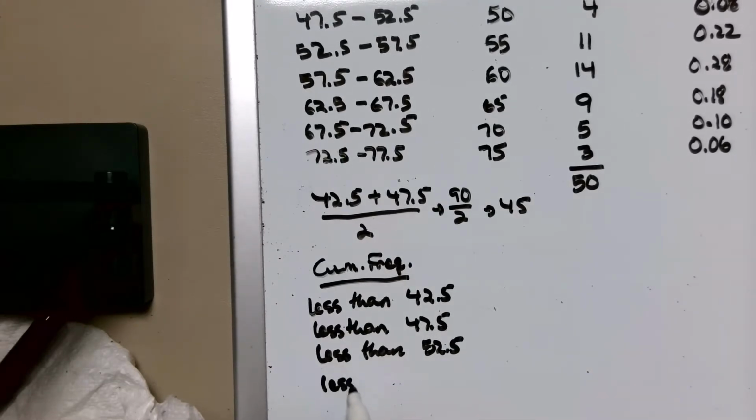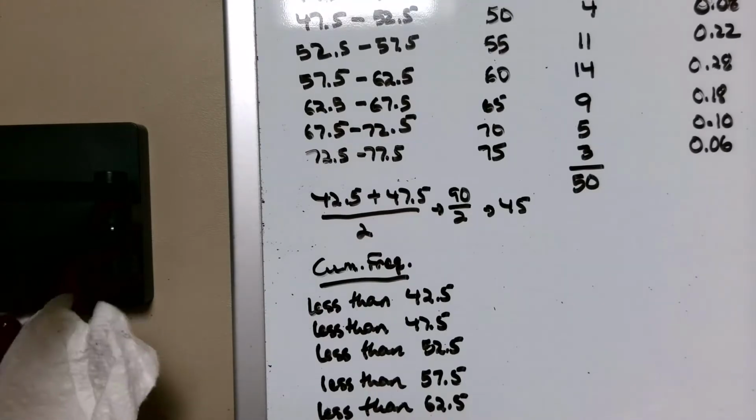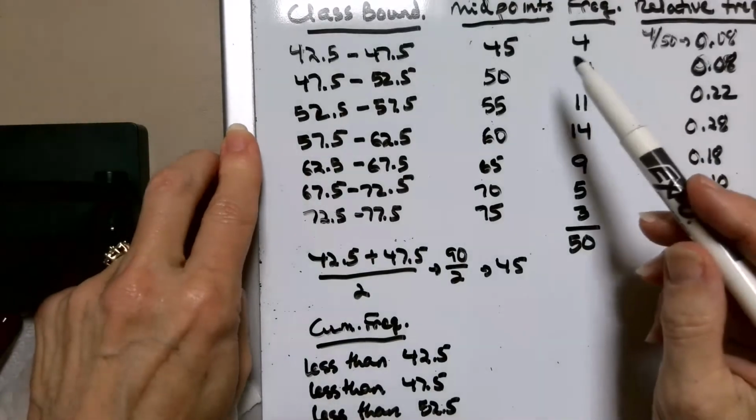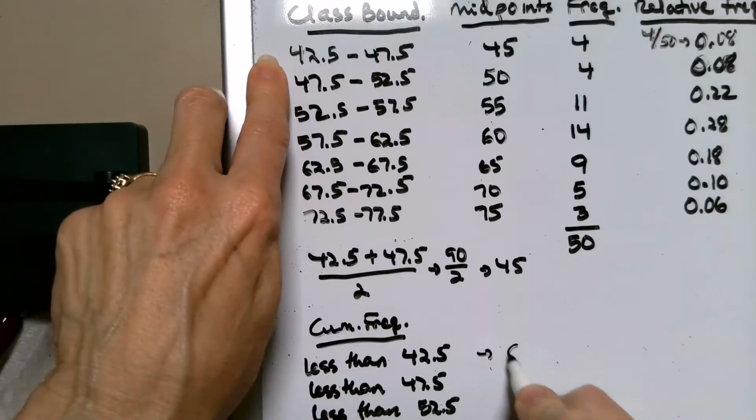Less than, just using the class boundaries, 57.5, less than 62.5, less than 67.5, less than 72.5, less than 77.5. Okay. So if we go back and look at the data, there was no data that was less than 42.5. So that cumulative frequency here would be 0.